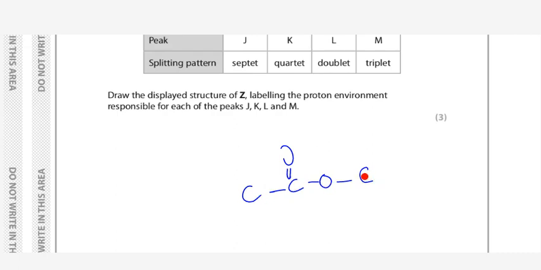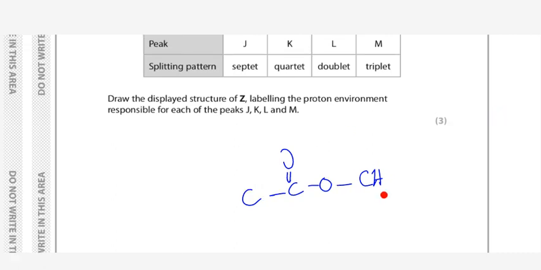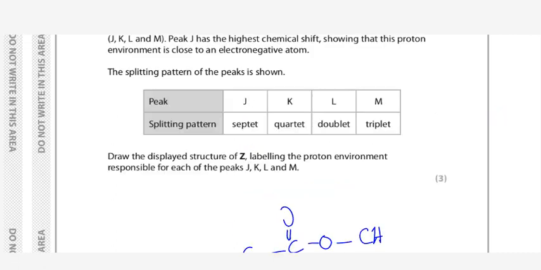So this is the J they are referring to. The hydrogen attached to this should have 5 adjacent carbons, since it says septet, 5 plus 1.